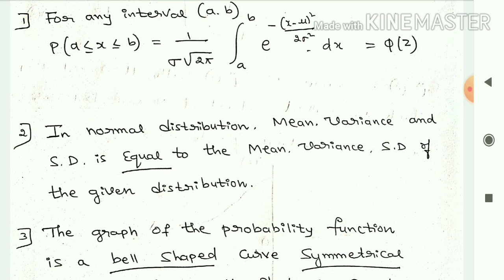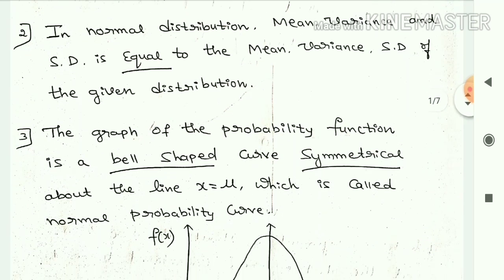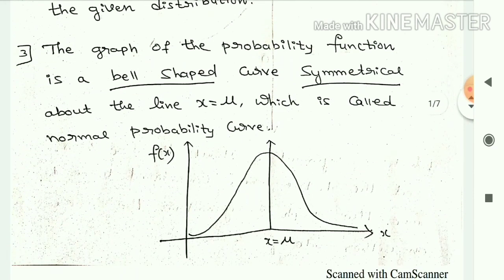Now here the problems basically deal with the graph. Therefore we will try to plot the graph for normal distribution. The graph looks like this. When you observe this graph, this is clearly symmetric about the line x equal to mu, right? What do you mean by symmetric?